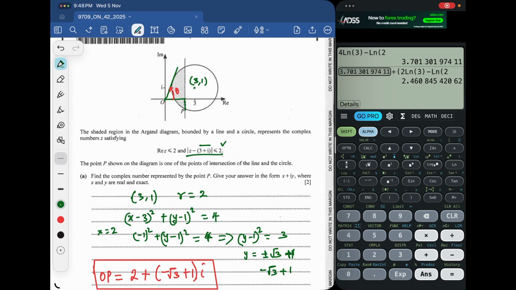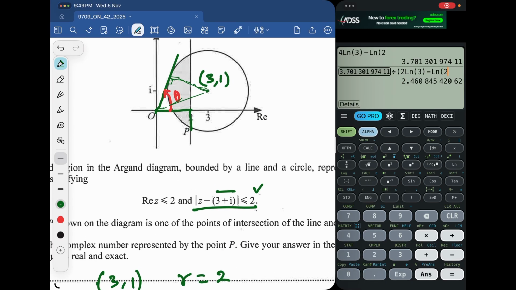So always think before you start solving. So we can actually find here, then wherever it touches, you know that's a tangent. So this is 90.